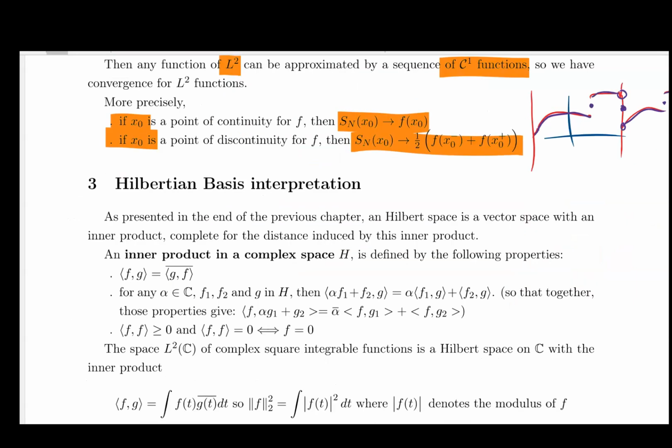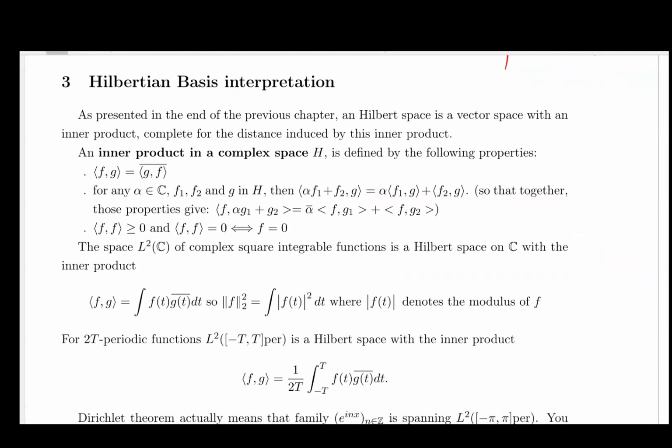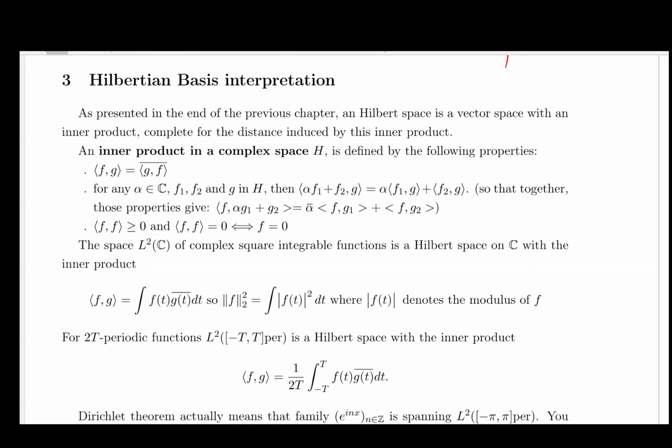Okay, let's do the Hilbertian basis interpretation, because you know everything that we need for this, and that's really one of the very beautiful, theoretical parts of this. So, from the previous chapter, you remember probably that a Hilbert space is the extension of the Euclidean space to function spaces of infinite dimensions.